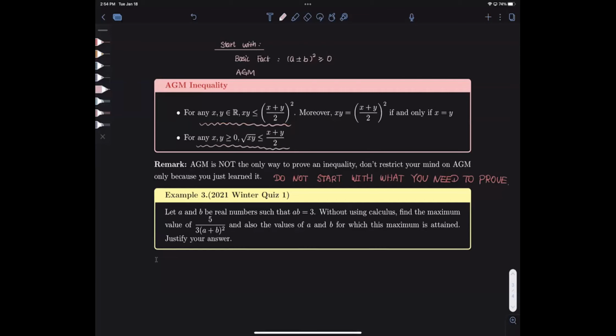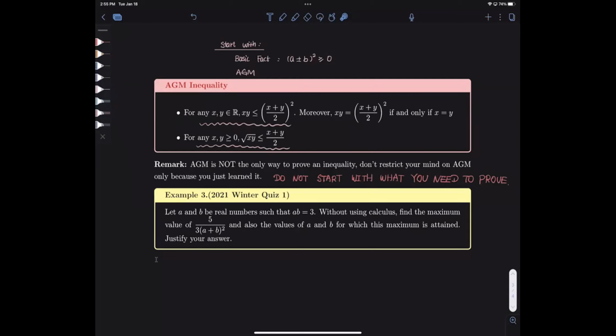So if you want to use this one, you should tell us your x and y are non-negative. Does that make sense? Because they don't work all the time. They only work for non-negative numbers. So if you want to use them, you will say, oh, my x and y, they are both positive or both non-negative. That's why I can use it. Okay, you should mention that.